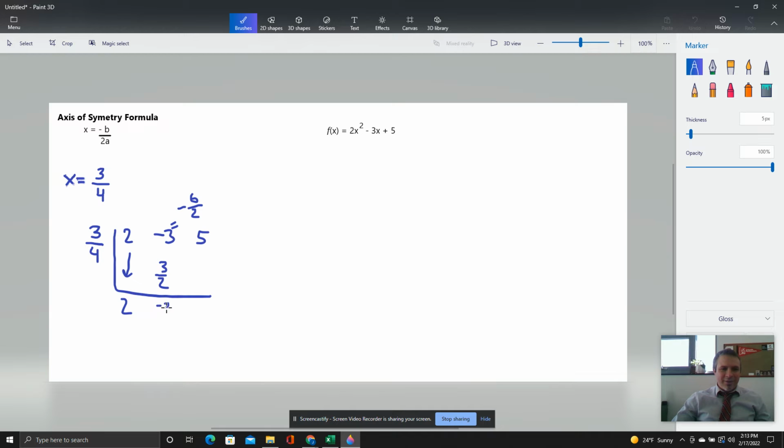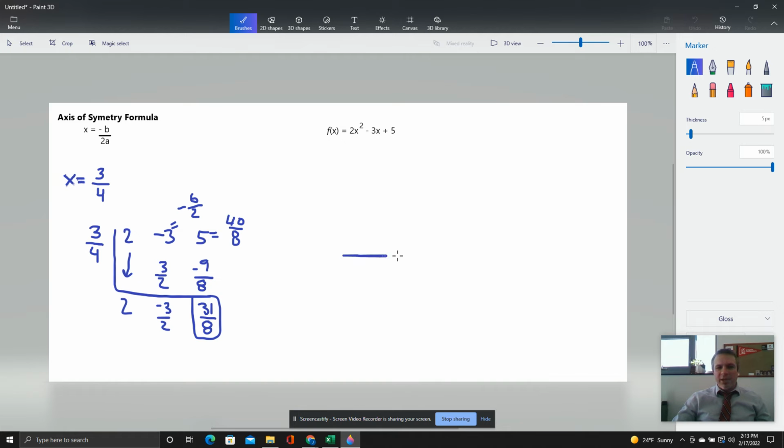Okay, that's going to give me -3/2. Going to multiply again. Going to make a common denominator. Going to go ahead and add that up. And remember, whatever spits out as the remainder is the output, it's the answer, it's the y.